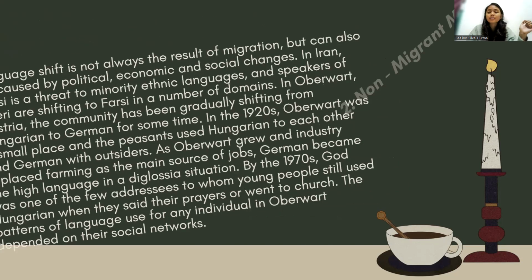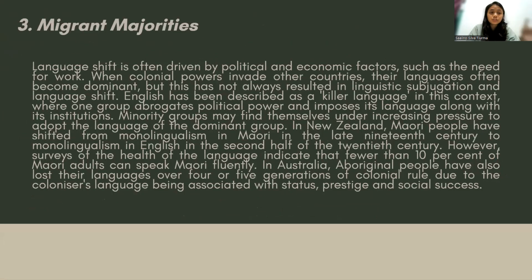Okay, next, the third one is about majorities. Okay, language shift is often driven by political and economic factors, such as the need for work. When colonial powers invade other countries, their languages often become dominant, but this has not always resulted in linguistic subjection and language shift.